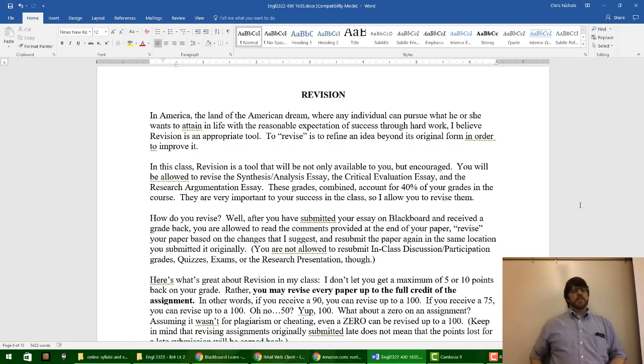Now, revision. Let's talk about revision next. There's this whole speech about America and the land of the American dream, but I'm not going to go through that. On all the essays, the census analysis essay, the critical evaluation essay, and the research argumentation essay, you'll be allowed to revise. What I mean by that is not like maybe some of your high school or middle school teachers said, well, yes, you can revise this essay for 10 extra points.